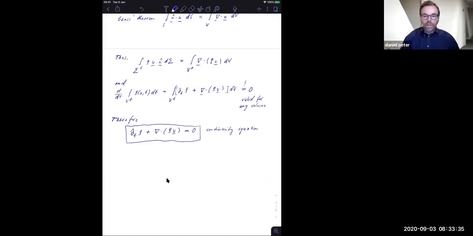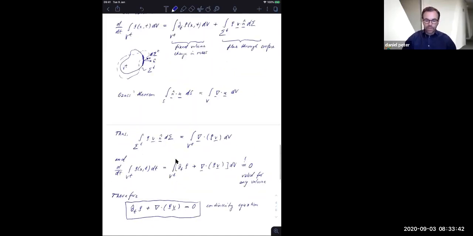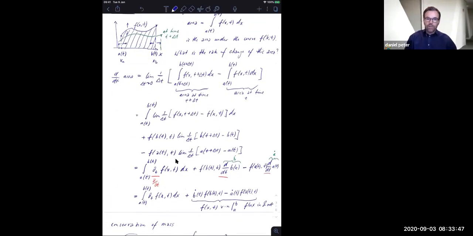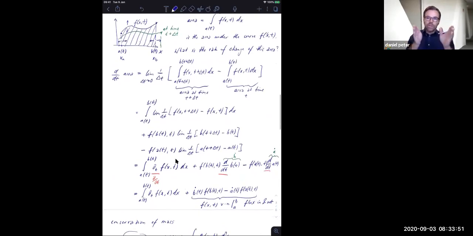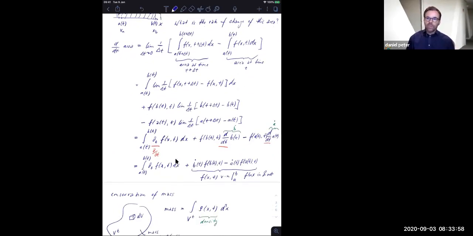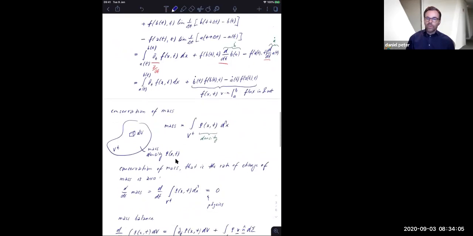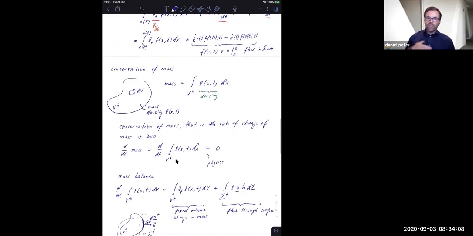So it wasn't that difficult, no? What we did is we just looked at rate of change of area, a very simple example. And you see the only thing which makes it a bit complicated is that the boundaries can move, which leads to these flux terms that we need to consider. But then conservation of mass looks pretty much the same because it's an integral over density.